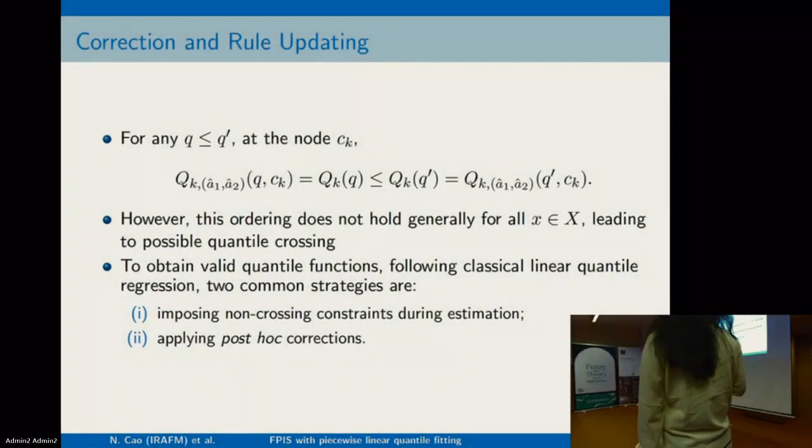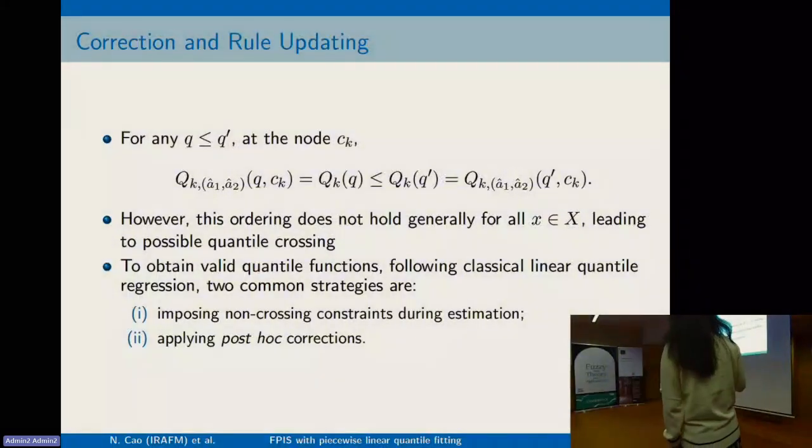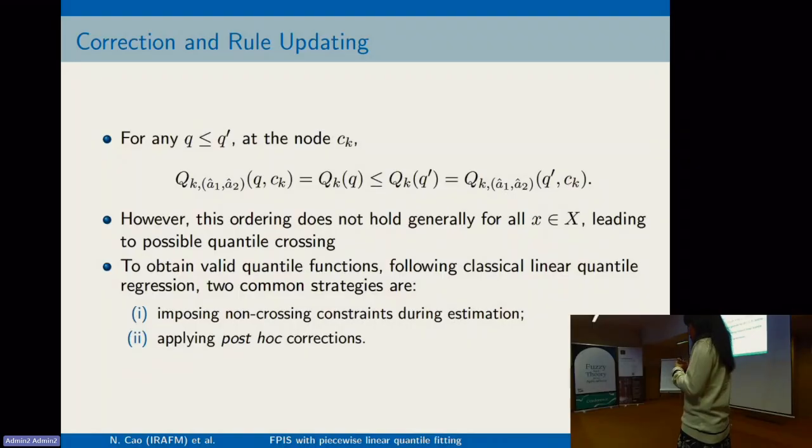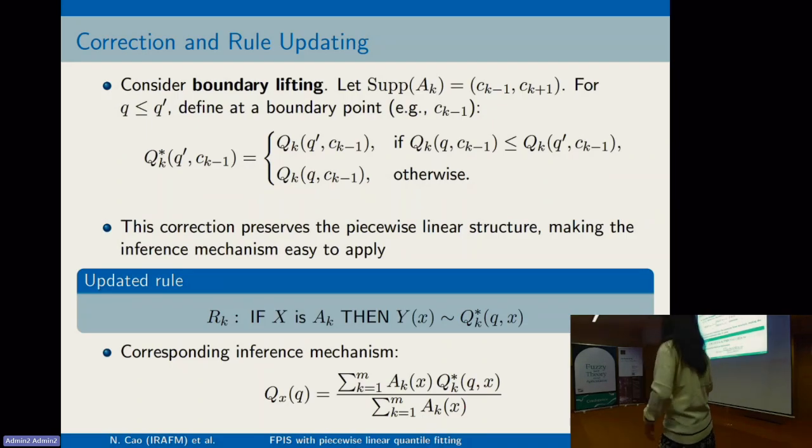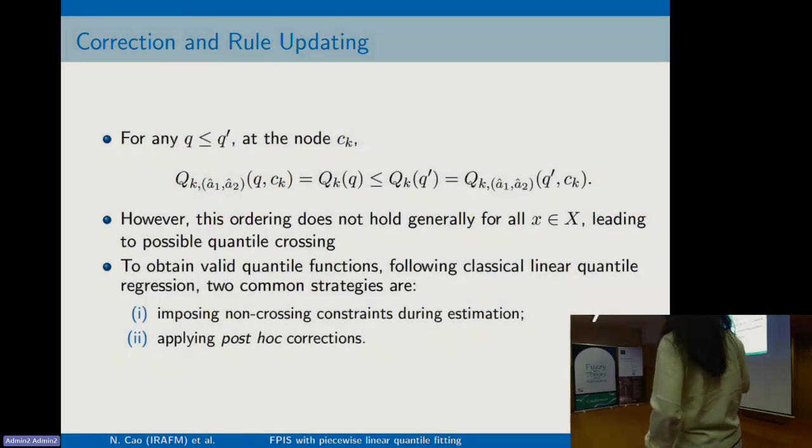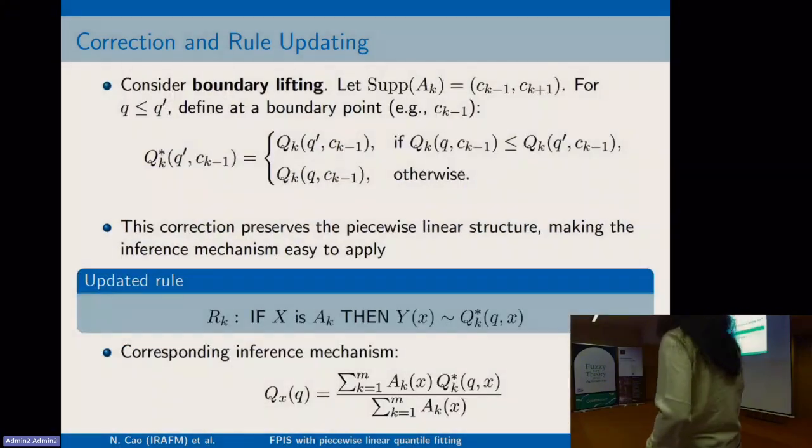We follow classical linear quantile regression, where they usually mention two approaches: either they impose constraints about non-crossing during the optimization of the objective function, or they apply some post-hoc correction. The work is not really too deep, so we apply the second one, the post-hoc correction.